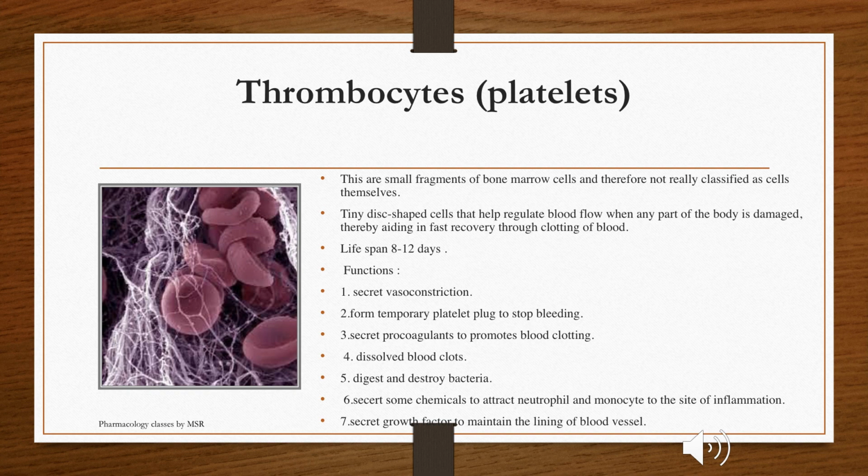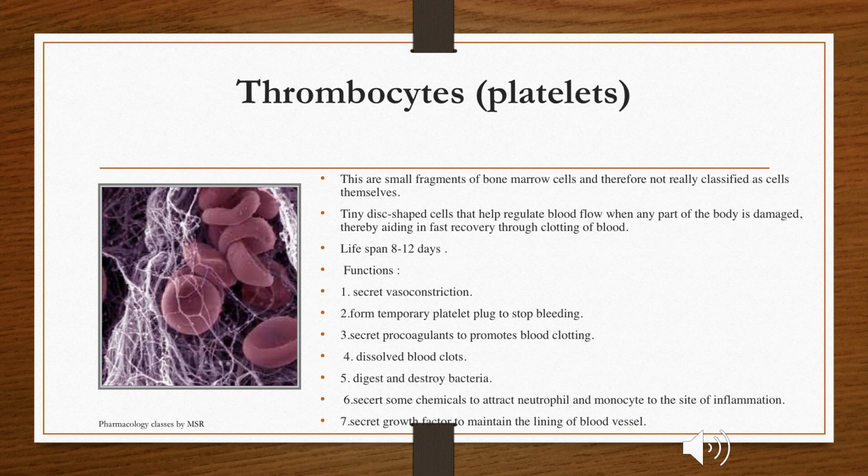They release procoagulants. Coagulation is nothing but clotting, so before coagulation happens, whatever is required, the procoagulants are produced by these platelets. They help us to dissolve the blood clots. They digest and destroy bacteria. They also have the capacity to attract neutrophils and monocytes at the site of injury or inflammation.